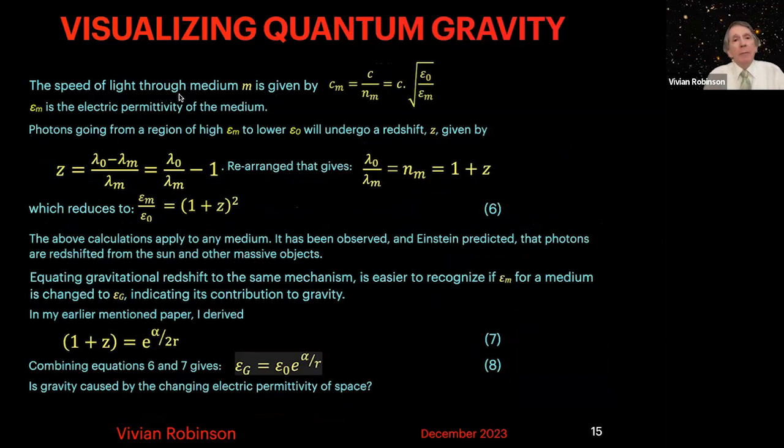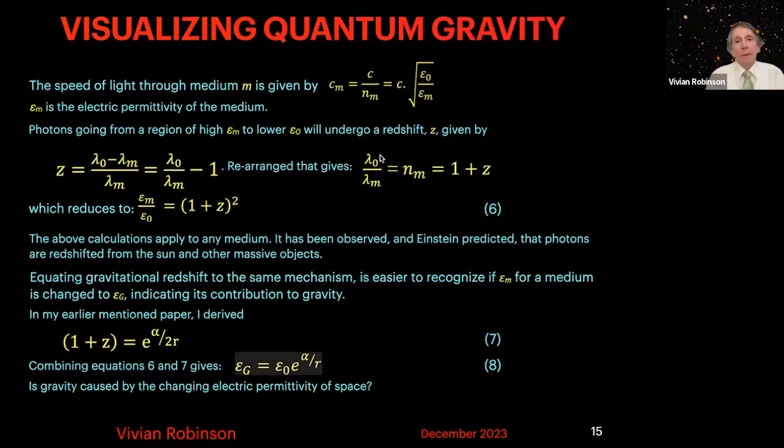The speed of light through medium m is given by cm equals c over Nm, which gives this term, c over the square root of epsilon m over epsilon naught. Photons going from a region of high electric permittivity to lower electric permittivity will undergo a redshift z given by, these are your standard terms, lambda naught over lambda m minus 1.